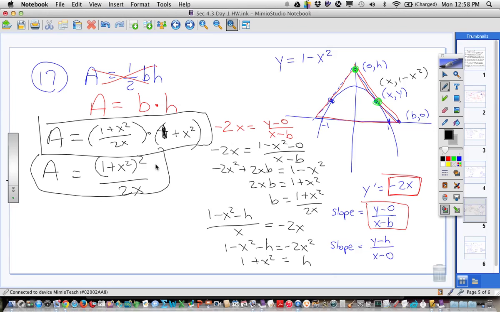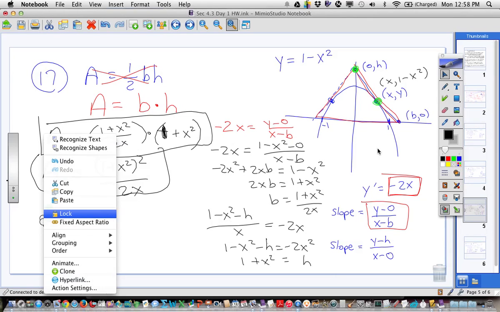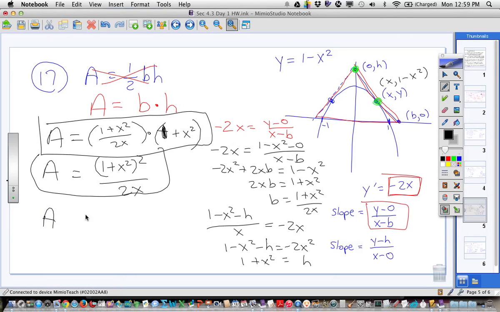It wasn't too bad to simplify, but at this point, you'd have to do a quotient rule, which I think is probably the easier way to do it, to be honest with you. You could do a quotient rule for the derivative. Maybe by the time you type it into your calculator, you could do it better. I don't know. Derivative at the top, it's going to get a little messy. 1 plus x squared to the first times the derivative inside is 2x times the bottom left alone minus, it's going to get messy. Be fine, but you could do it, okay?